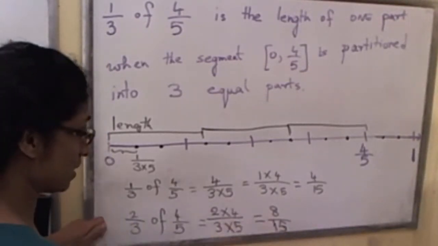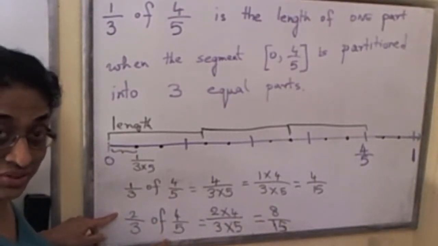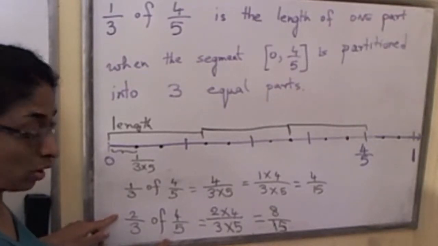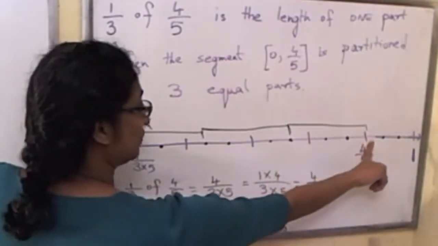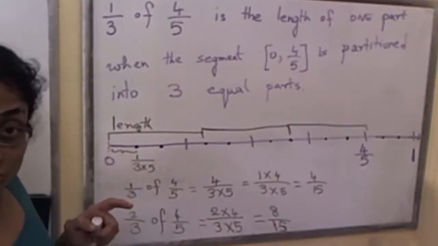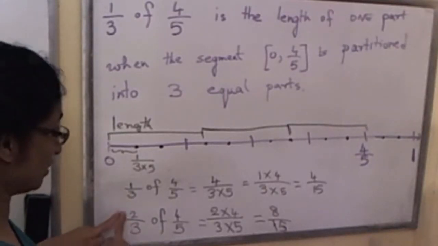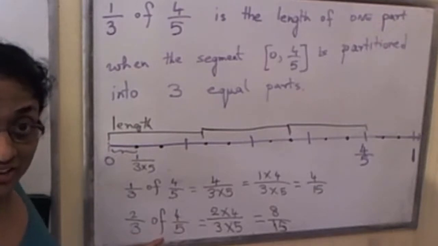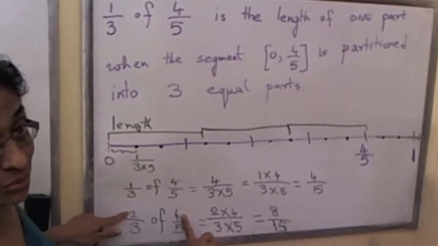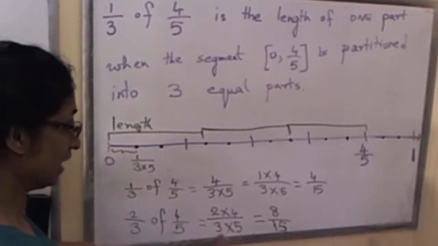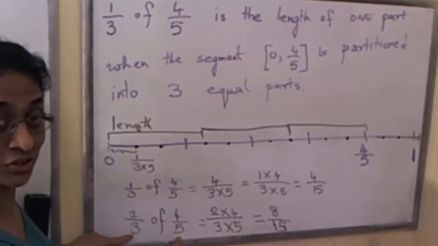But look at this expression. What we are saying is 2/3 of 4/5, when we understand it to be the length of two concatenated parts when this segment is divided into 3 equal parts, is in fact a fraction whose numerator is the product of these two numerators, 2 and 4, and its denominator is the product of the denominators 3 and 5.